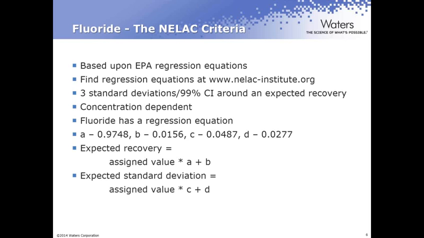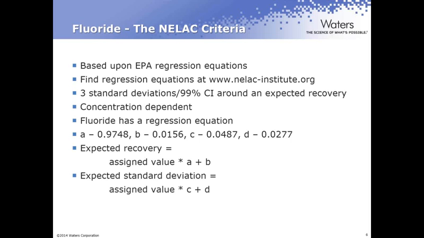So the first thing we want to talk about is the NELAC criteria for fluoride. A lot of people ask me how do you know what PT limits to use for each of the analytes and for the studies. Well, those PT limits are based on what we call regression equations from the EPA. Since the EPA's inception in 1970, data has been collected for all the various analytes and all the methods and people involved in the testing.